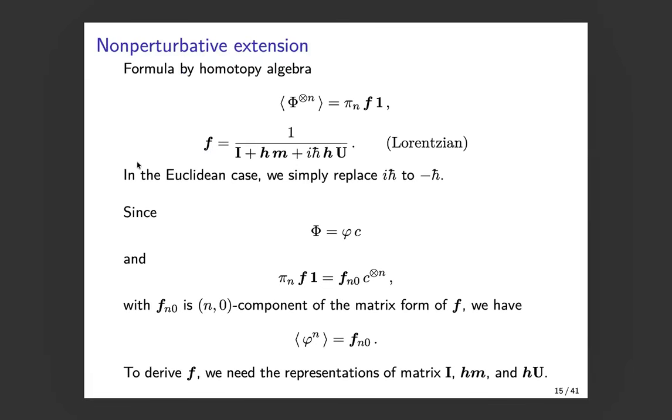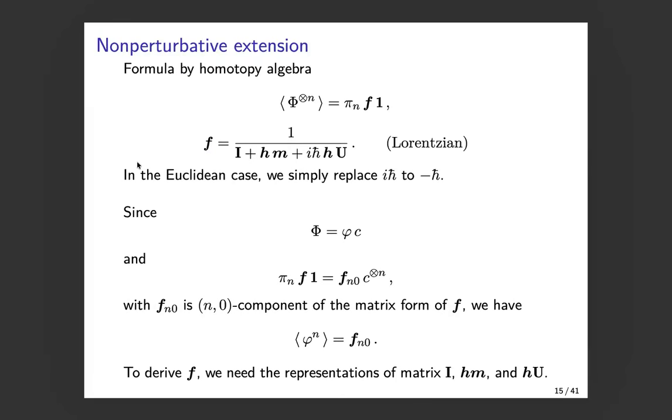So let us reinterpret our formula in terms of matrix elements. This is our formula for the Lorentzian case, and in the Euclidean case, we simply replace this with minus h bar.